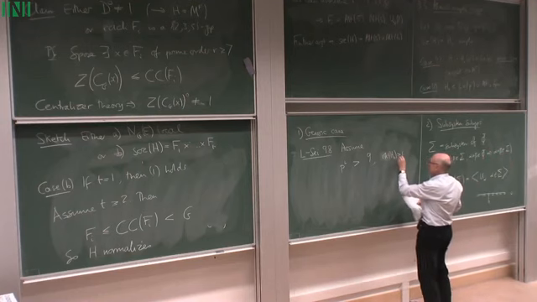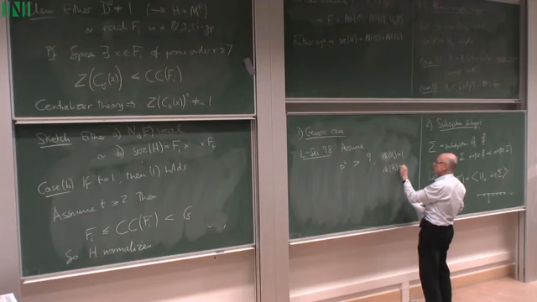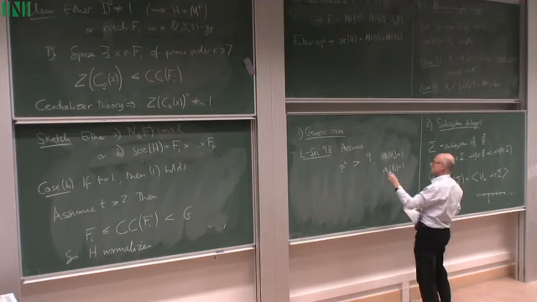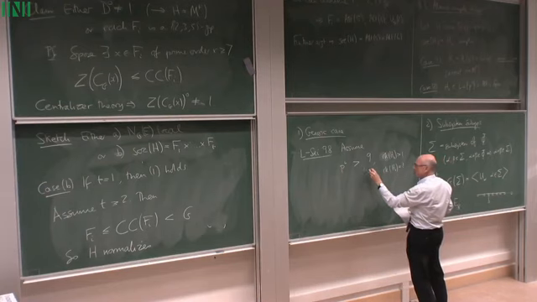And if we are a Suzuki, a PSL2 or one of those other groups, then it's rather a larger number. It's a number called T of G.